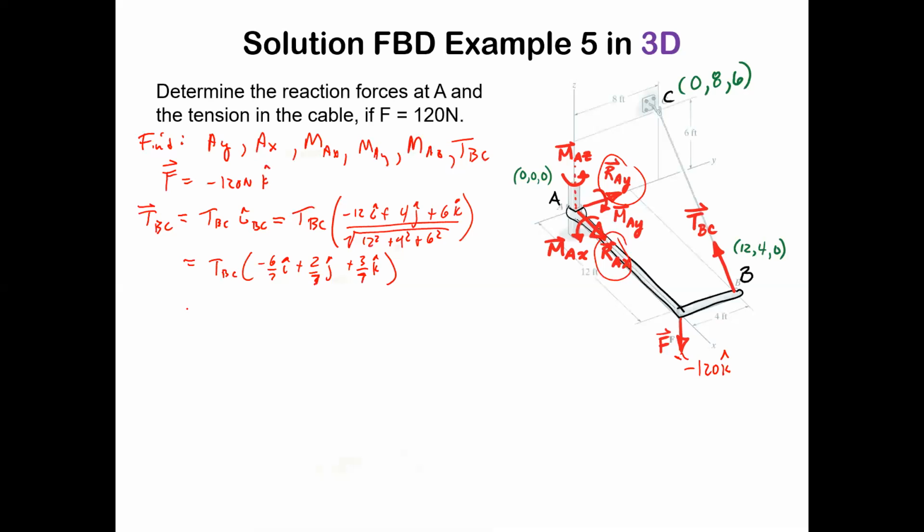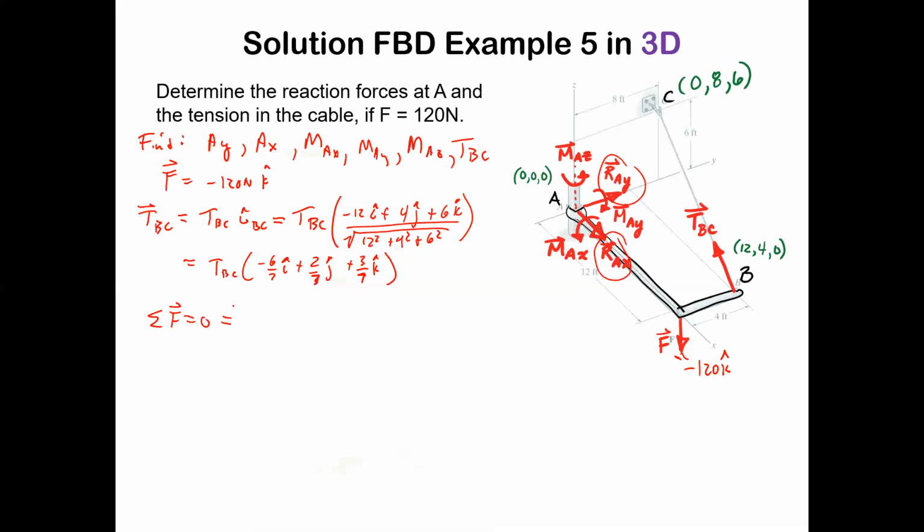So the sum of the forces equals 0. Well, you've got to add those 3 things together. Now you can do the sum of the Fx's, the sum of the Fy's, and the sum of the Fz's. Or if it's not too complicated, you can do them as vectors.